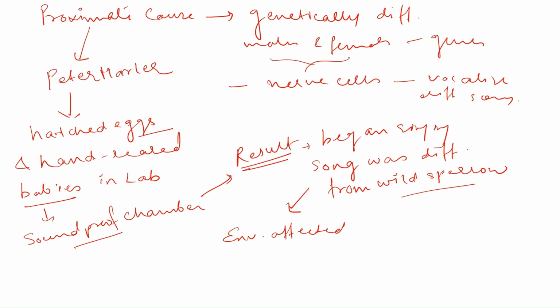But the difference in the song of the lab-grown sparrow from the wild sparrow shows that environment also plays an important role. Environment has its effect on the way the song develops.